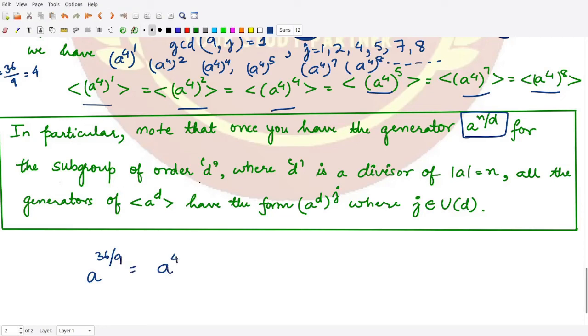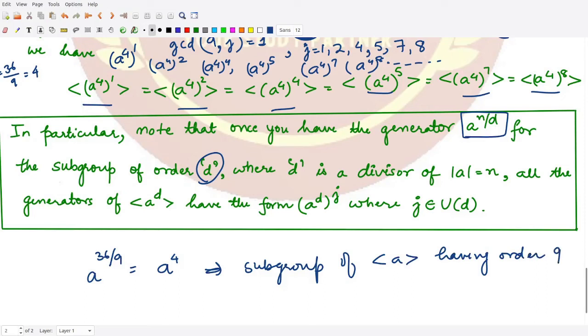This is the subgroup of the group having order d. In our case the order was 9, because the value of d was 9, where d was a divisor of the order 36.